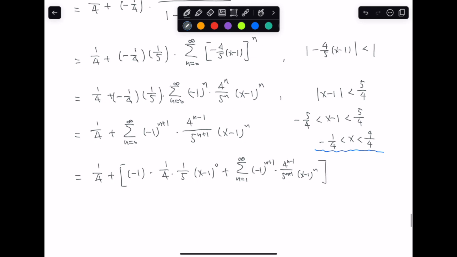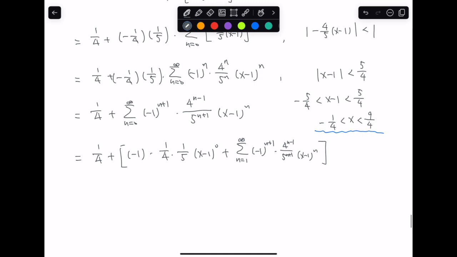And then let's see if we can cancel. This term is going to be negative 1 over 20, and this one is going to be 1 over 4. So what is 1 over 4 minus 1 over 20? That's 5 over 20 minus 1 over 20, which is 4 over 20, so that is 1 over 5. Exactly.